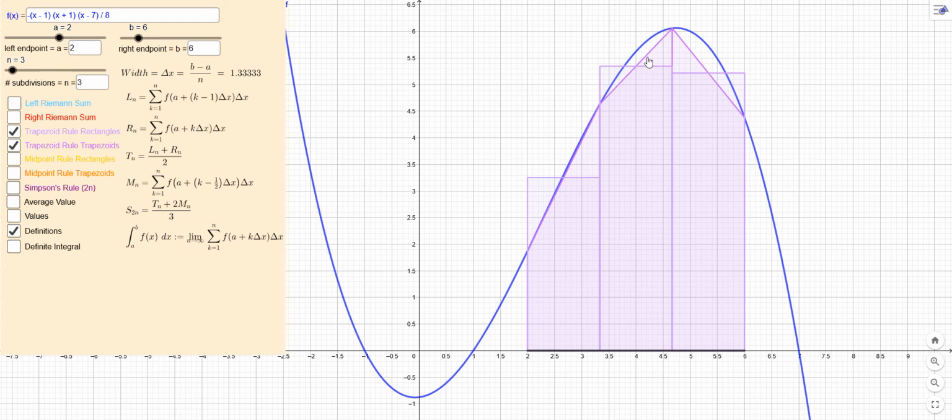And let's see, what do we know? Well, we know that because this guy is exactly halfway between the left and right here, then we know that this distance right here, from the height up to the curve here, is the same as from the height here down to the curve here. So we know those two are congruent.